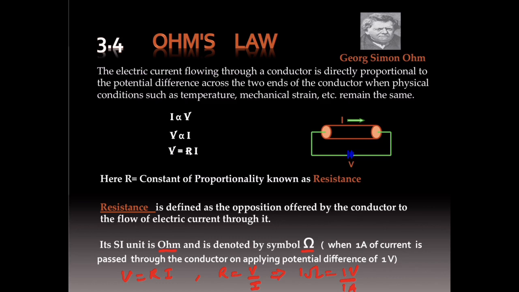So the definition of 1 ohm is: when 1 ampere of current is passed through the conductor on applying a potential difference of 1 volt, then the resistance is said to be 1 ohm. It is important from the CBSE point of view.